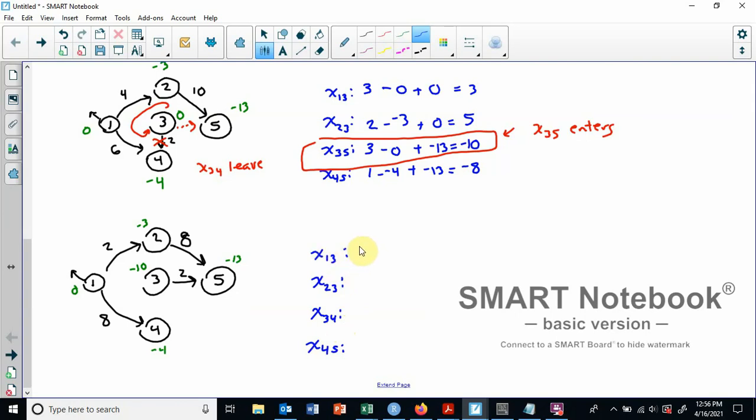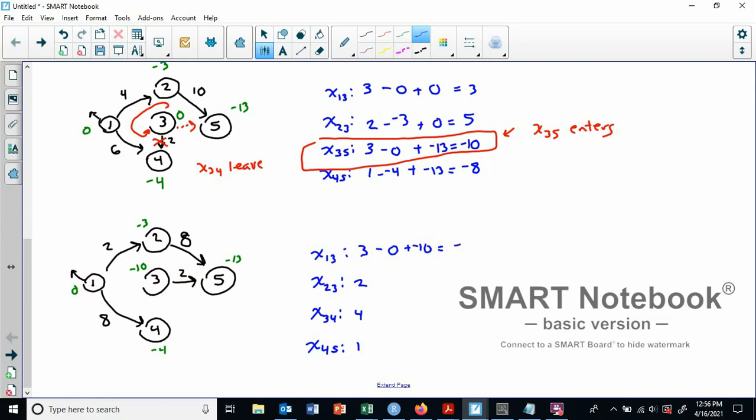1 to 3 has a cost of 3. 2 to 3 has a cost of 2. 3 to 4 has a cost of 4. And 4 to 5 has a cost of 1. So now I can do minus the dual tail. Dual tail 1 is 0 to 3. So that's plus negative 10.